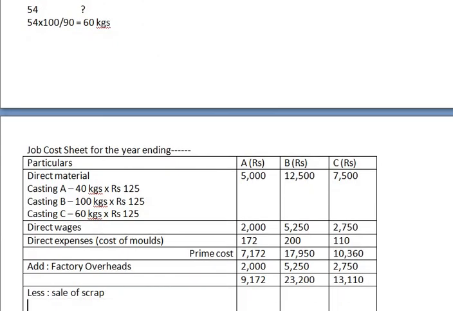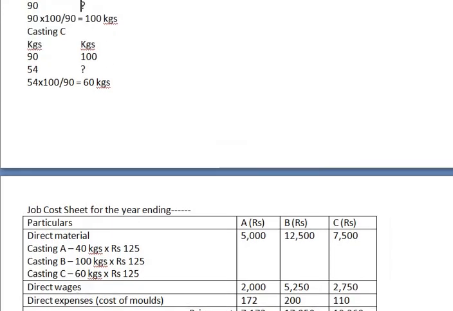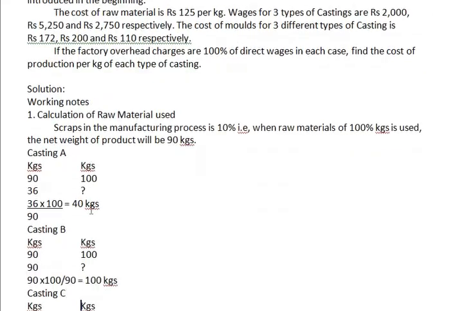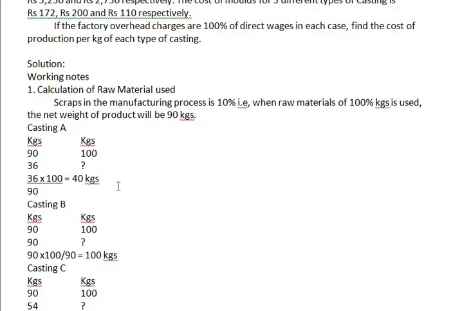Okay, now first we will calculate it for casting A. Now just go through the problem. Read the first sentence. Here castings A, B, C weighing 36 kgs, 90 kgs and 54 kgs. So remember this. Now here raw materials introduced, they have introduced 40 kgs.